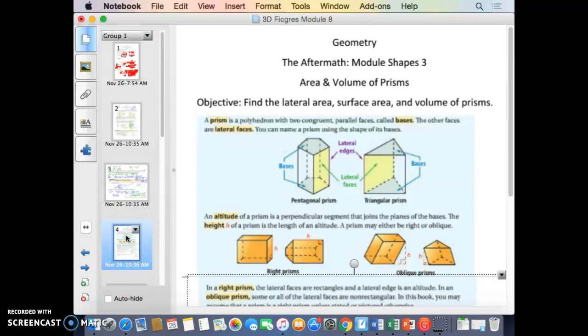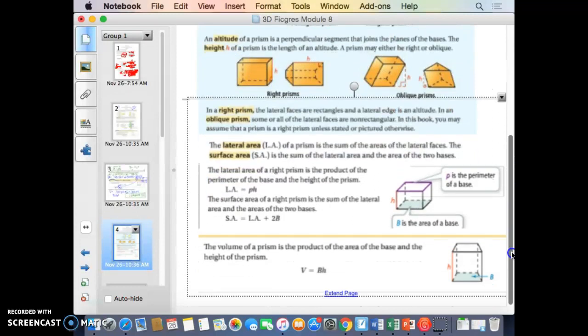This is a triangular base because it has 3 sides. It doesn't matter the shape, it's got 2 bases and lateral faces. The altitude is the perpendicular line, or what we would also call the height. If you point straight up in the air, that's what height looks like. We've got right prisms and oblique prisms, but we use the same formulas.